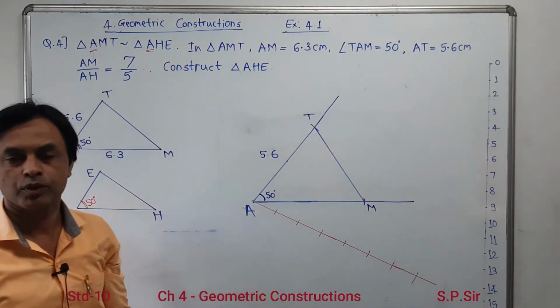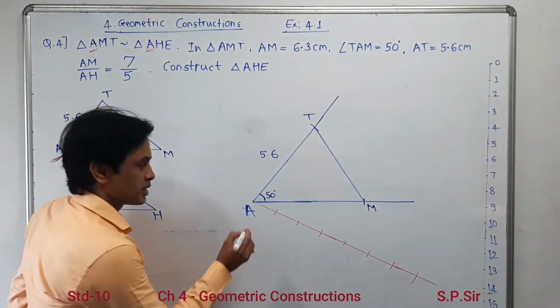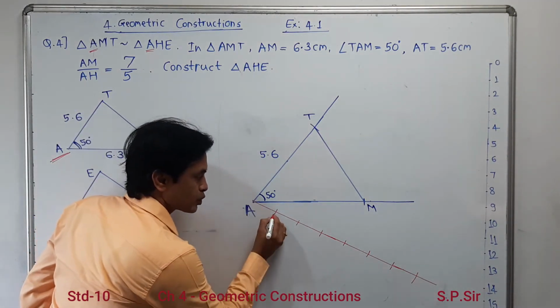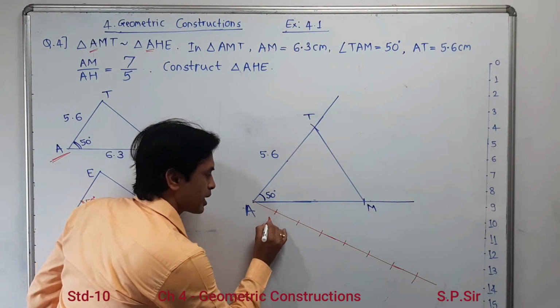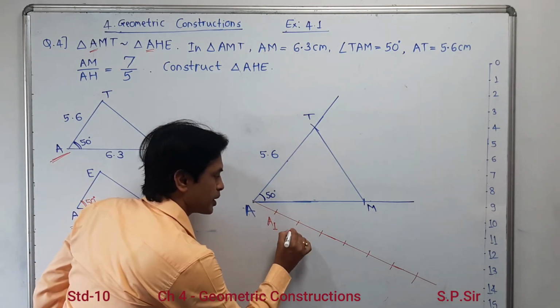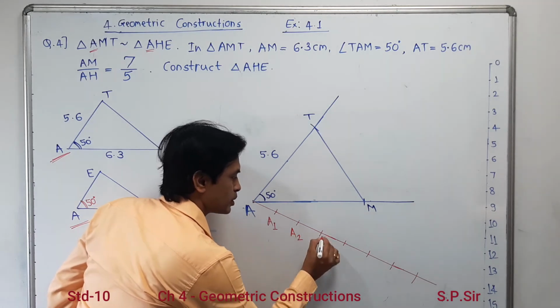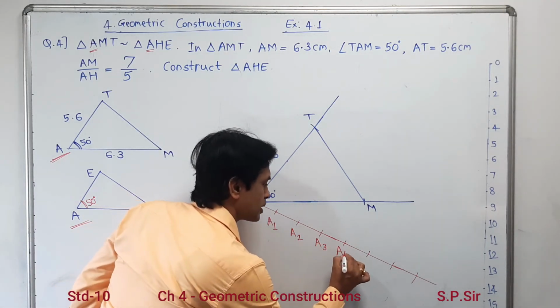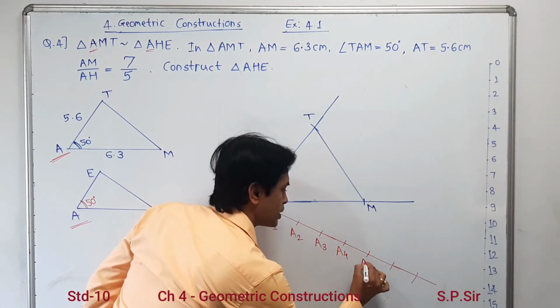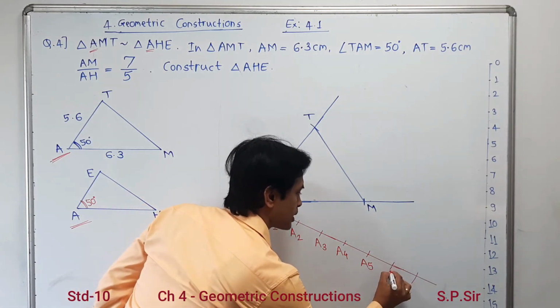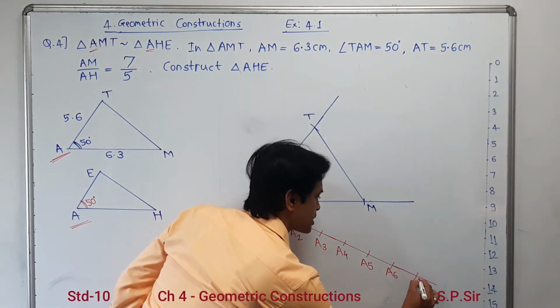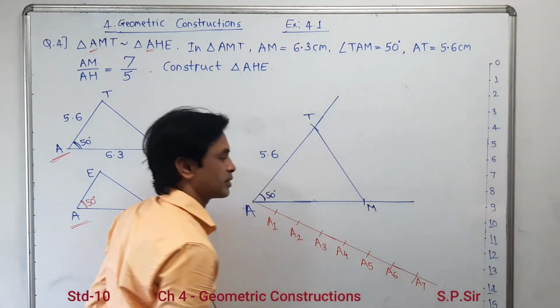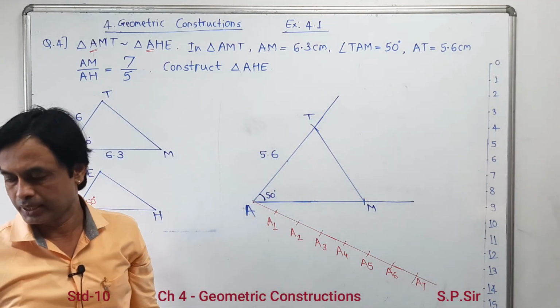In this way, you have completed the part. This is your starting point, meaning 0. So I am going to start. This is nothing but my A1. This point is A2. This point is A3. This point is A4. Next point is A5, next point is A6, and the last point is A7. In this way, you can complete the part.